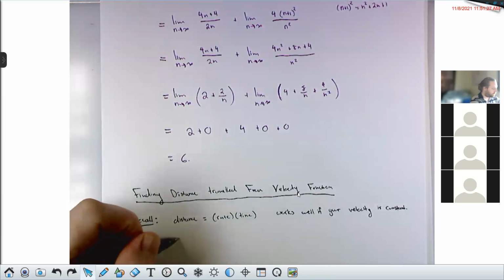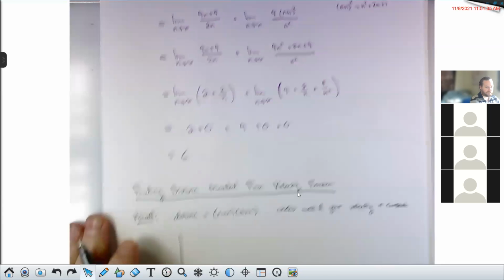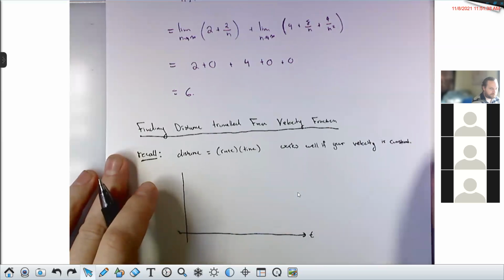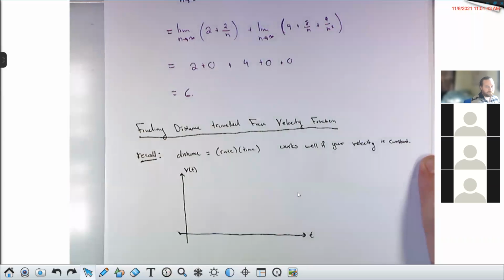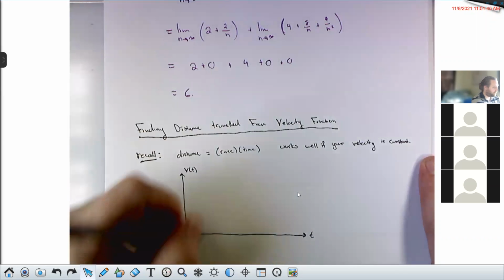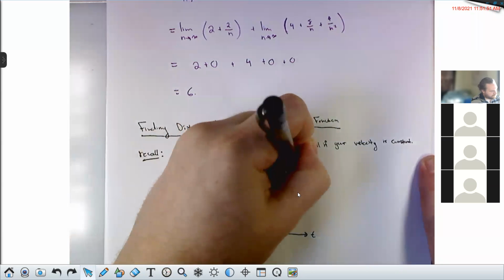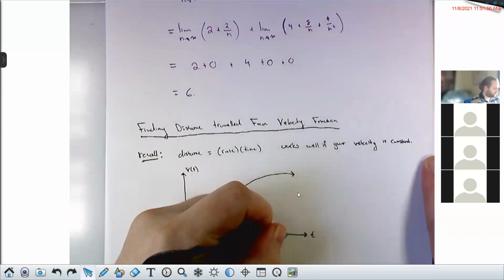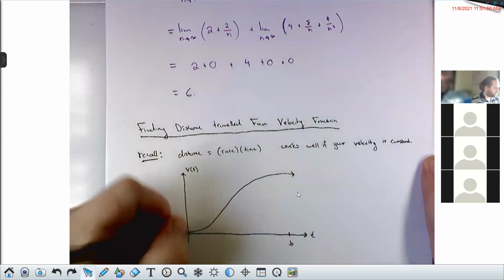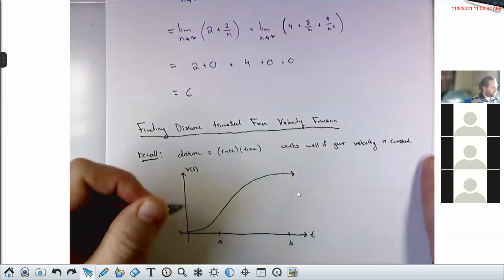So let me sketch for you the graph of some velocity function. This is going to be my t-axis down here. My horizontal axis is the t-axis. And this will be my velocity on the vertical axis. And I'm going to say that my velocity curve looks something like this. Here's the time b, and here's the time a.